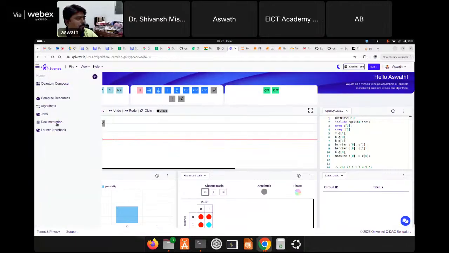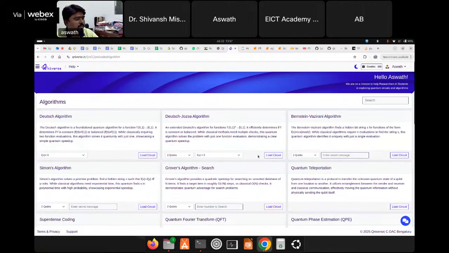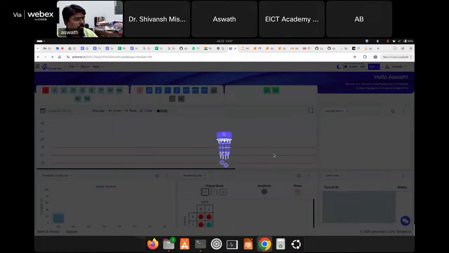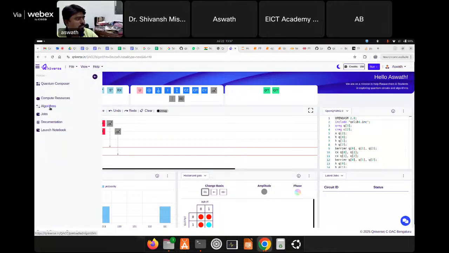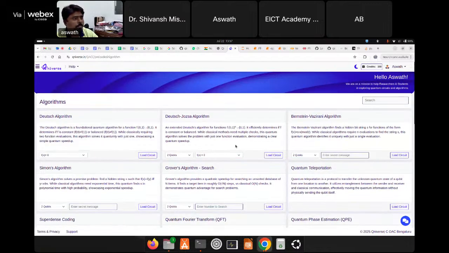Okay, go back. Algorithms. Okay, so load the Deutsch-Jozsa algorithm, finding functions and their sums. Likewise, you can feed the circuit by default and you can run. Okay, right? So these are the algorithms for you.